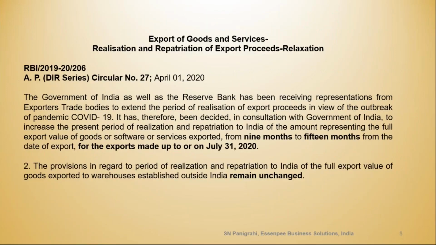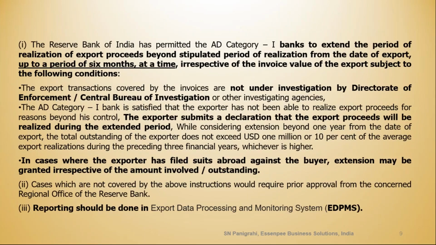That is what the circular talks about as well. Then extension of time. RBI has given the authorized dealers, meaning the concerned banks, certain relaxation. Based on the credentials of the exporter, the banks can extend for reasonable causes.